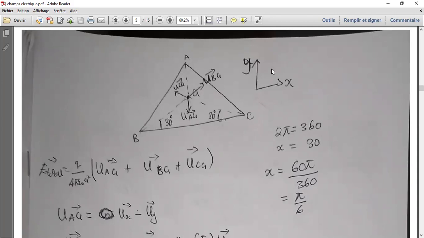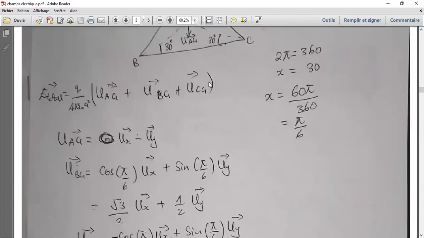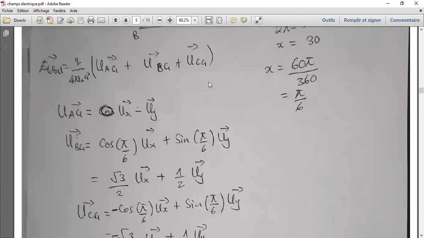This vector is going towards the right side and upward, so it's going in the direction of the y-axis and the x-axis. Which means that cos and sine will both be positive. I don't want to write negative cos or negative sine. Look at the CG, you see why the negative came in and why there was the positive.